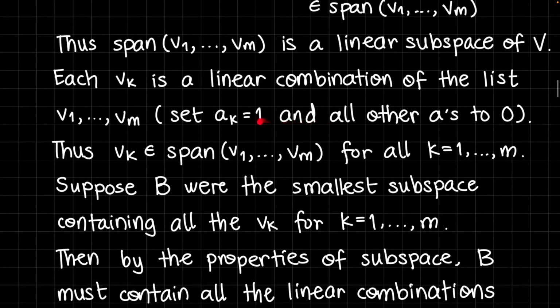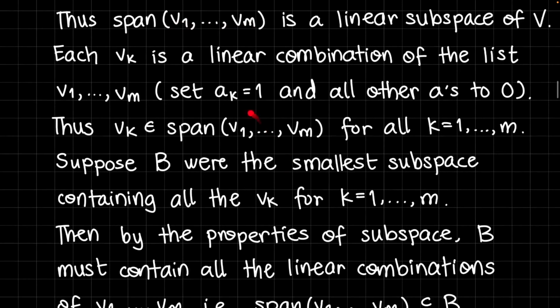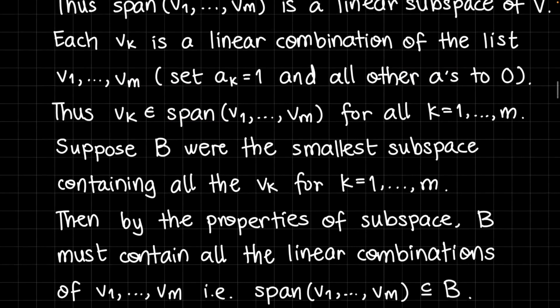In that way, you can write vk as a linear combination of the vectors in the list. You can do this for all k going from 1 to m, so all vectors in the list. So that means that vk belongs to the span of the m vectors for all k equals 1 through m, because each element of the list can be written as a linear combination of the elements of the list. Therefore, it must be in the span, by definition of the span.